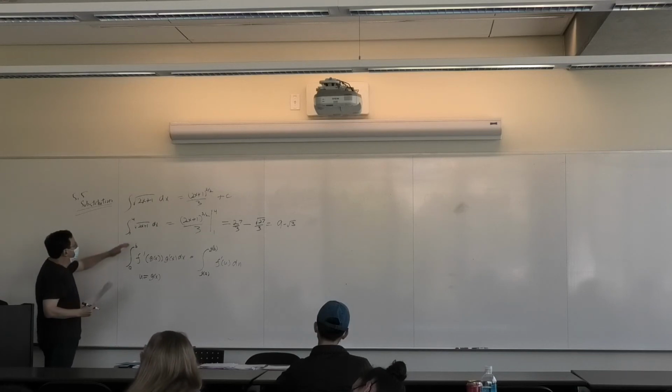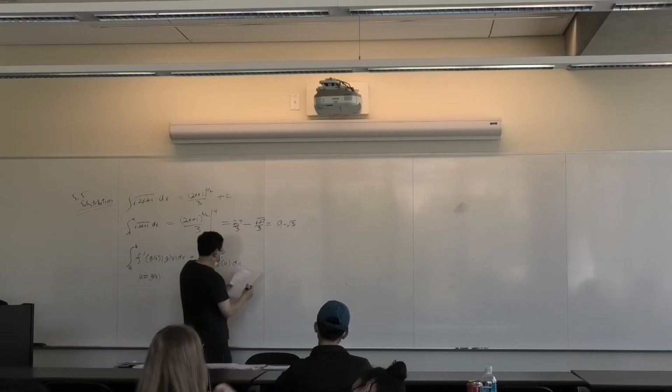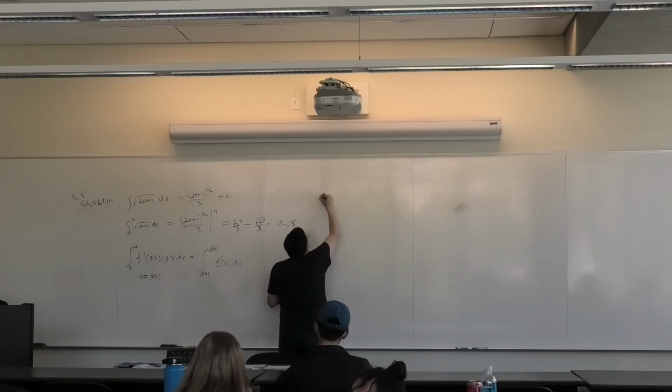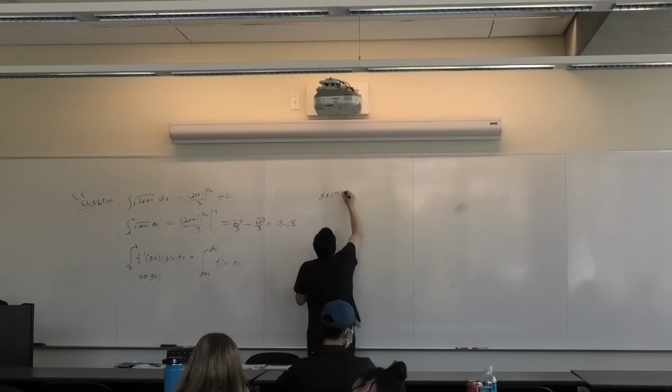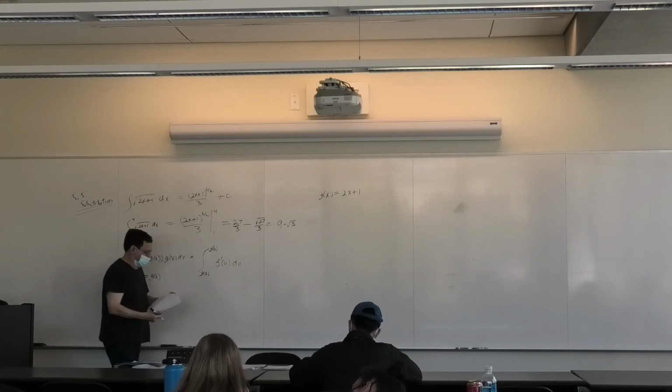Right, so how did we get from here to here? We said that g of x is what? 2x plus 1. Is that how we did it? Go back and see.